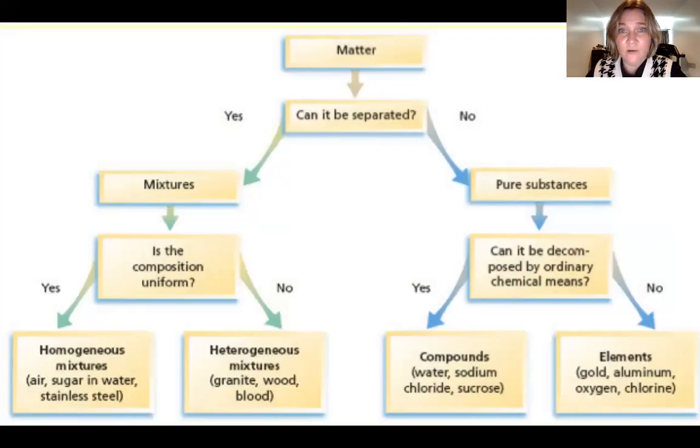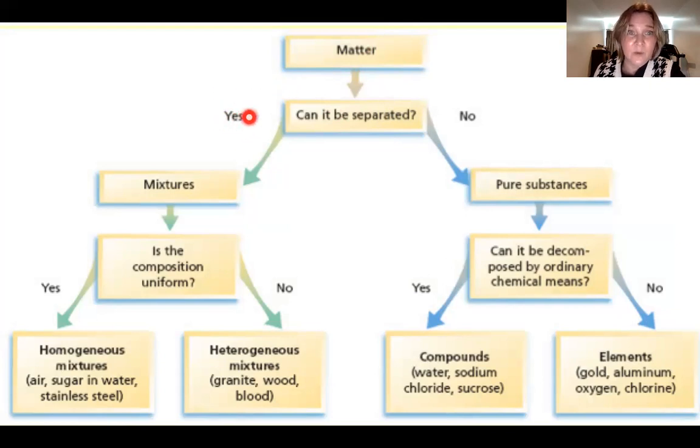So to break it down, you have at the top, everything's made of matter. The questions that you ask yourself when you're defining what kind of matter it is, whether it's a homogeneous or heterogeneous mixture, or if it's a compound or an element. Can it be separated? When they say separated, that means physically.